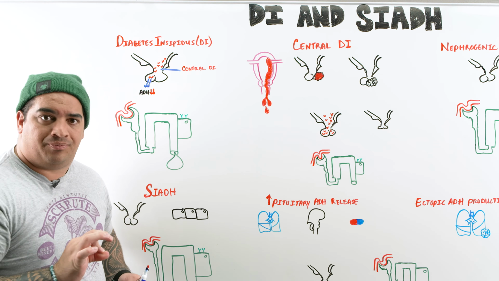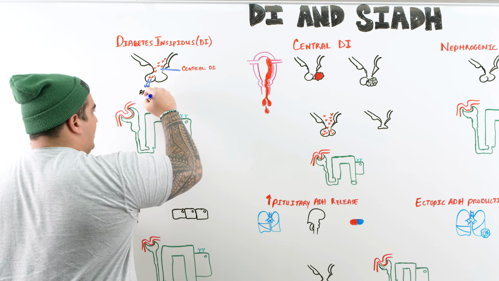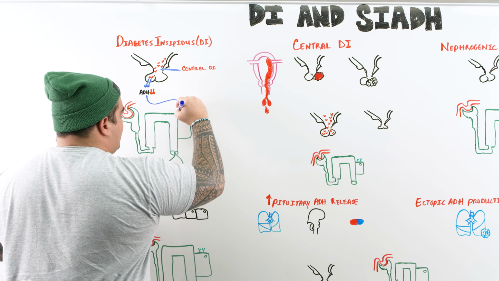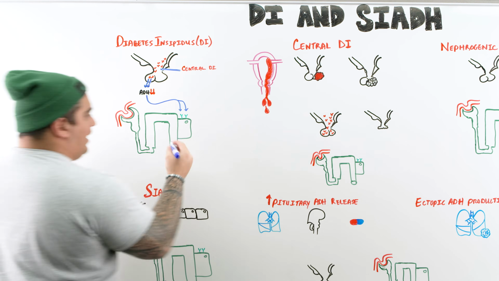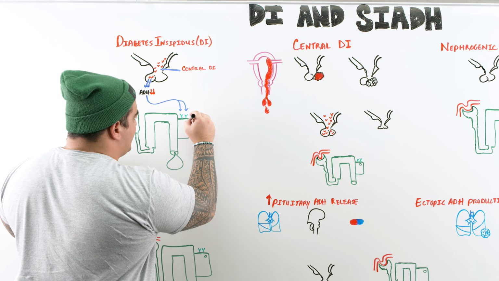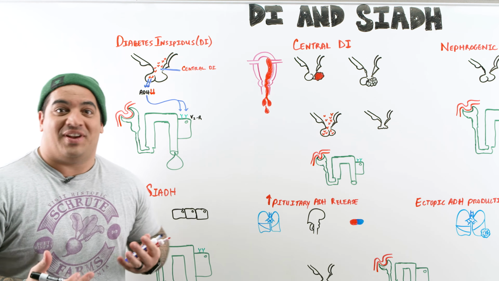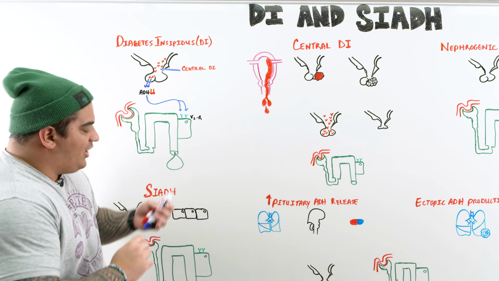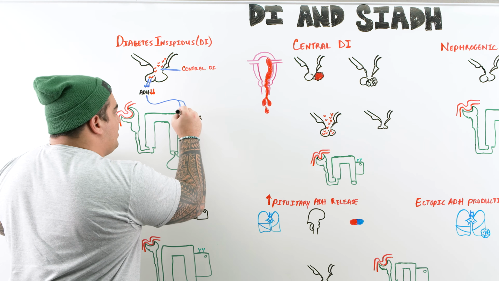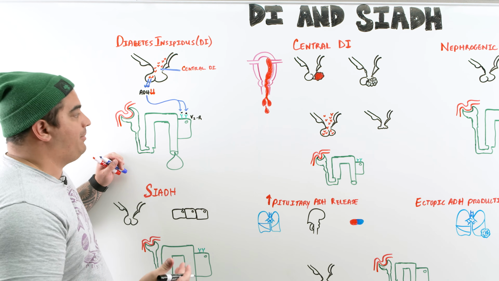ADH production, all right? Now ADH, what it does is it goes down to the kidneys and it acts on these specific receptors here at the collecting duct. These receptors are referred to as the V2 receptors. Another name for ADH is also vasopressin. So ADH binds onto these receptors, the vasopressin 2 receptors or the ADH2 receptors.